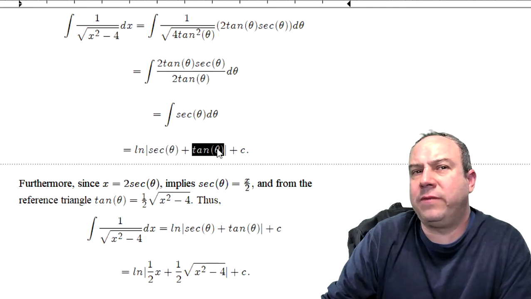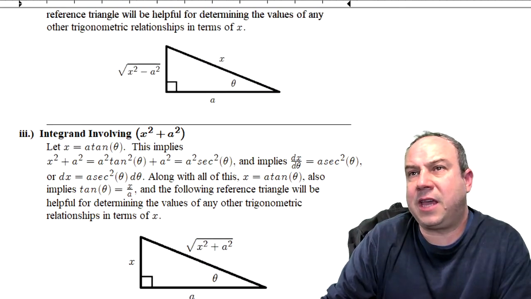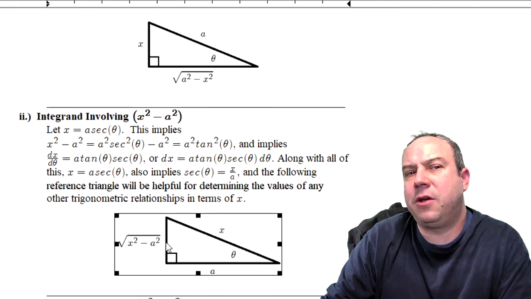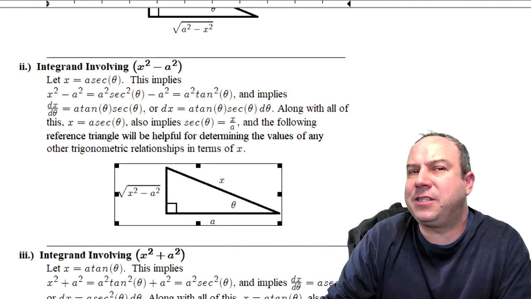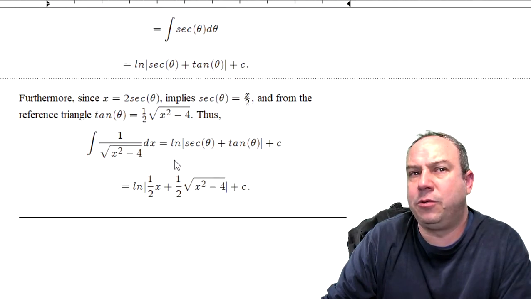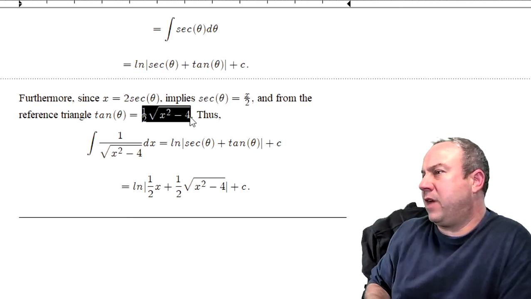But since it also involves tangent theta, tangent, in this case, is opposite over adjacent. It's going to be the square root of x squared minus a squared over a. A is 2, so it's going to be the square root of x squared minus 4 over 2, or 1/2 the square root of x squared minus 4.